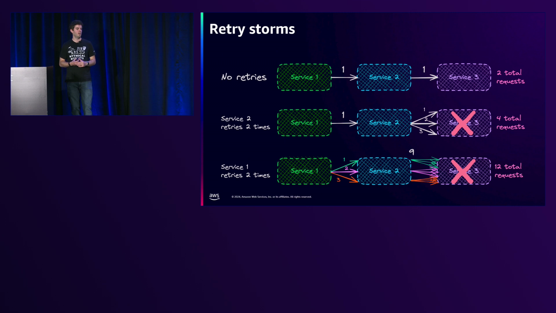We call them retry storms, where if every one of our service dependencies has a failure and makes a request twice to retry it, and our downstream service 3 is having a bad day and has gone down for a brief period of time, all of a sudden those amounts of retries start exponentially increasing, and the component that's having a bad day, all of the components in front of it are pounding it even further with the number of retries they're trying to implement. And we have this exponential retry storm that is pounding the component that's already struggling, maybe it's having a memory load or capacity issue, and these things cause bad days to spiral and get worse.